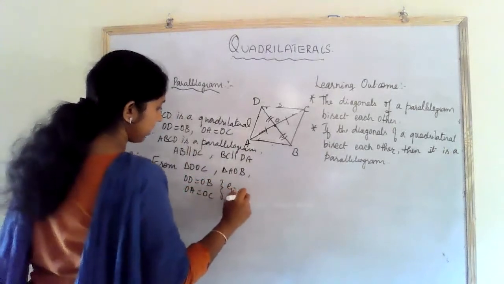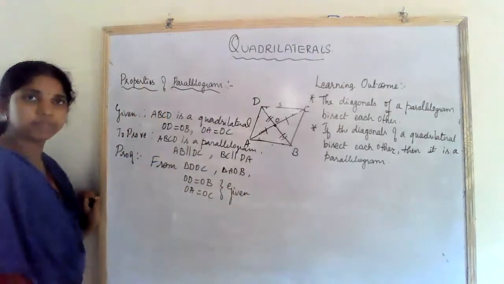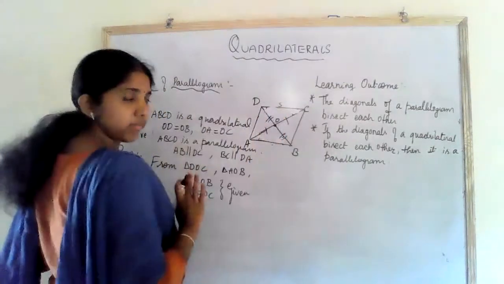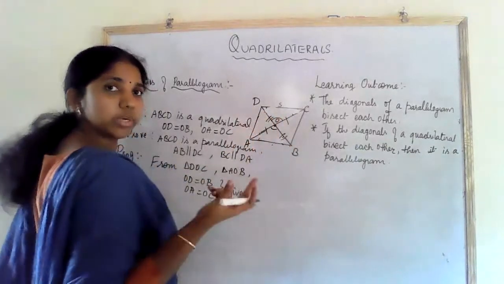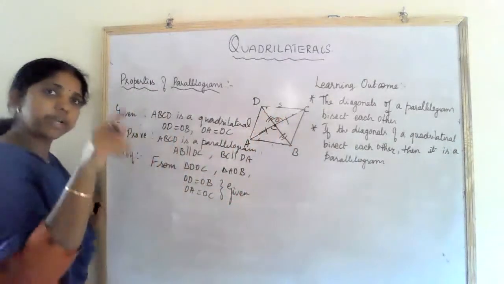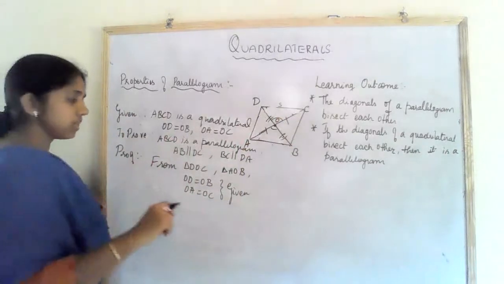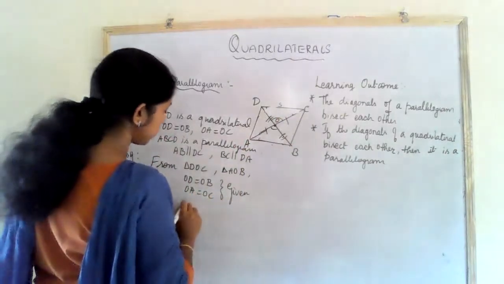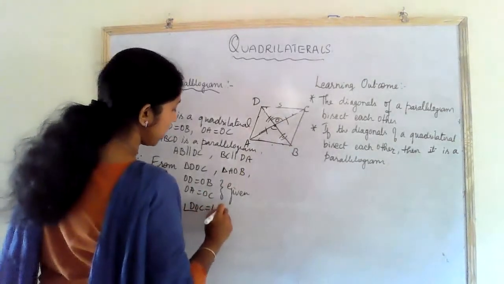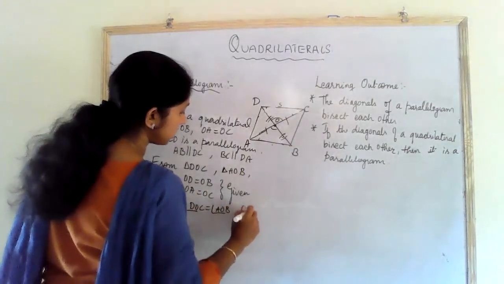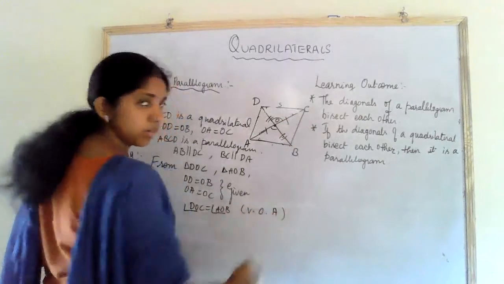This angle is equal to this angle because they are vertically opposite angles, as two lines are intersecting. So angle DOC is equal to angle AOB, the reason being vertically opposite angles are equal.